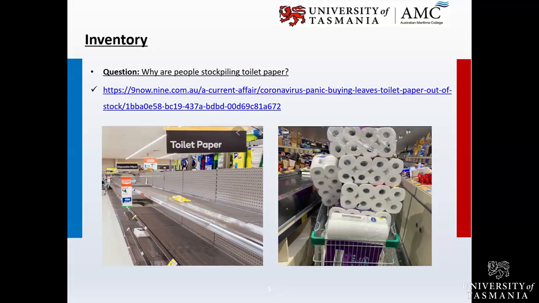You can view this question from the type of product perspective and from the company's inventory replenishment strategy perspective. Okay, this is inventory, the importance of inventory.